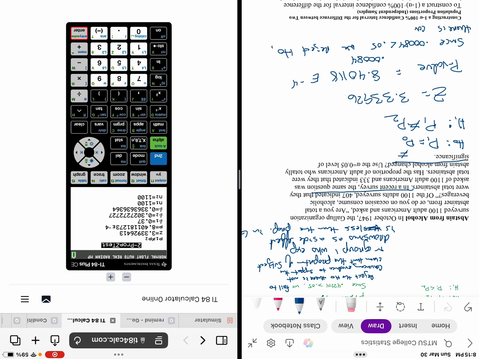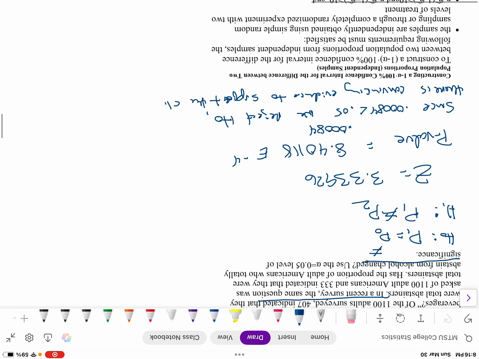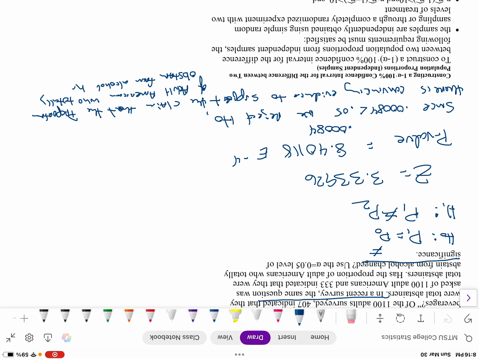There is convincing evidence to support the claim that the proportion of adult Americans who totally abstain from alcohol has changed.